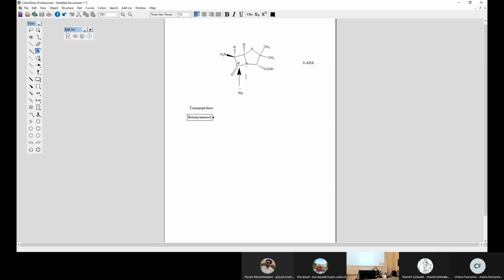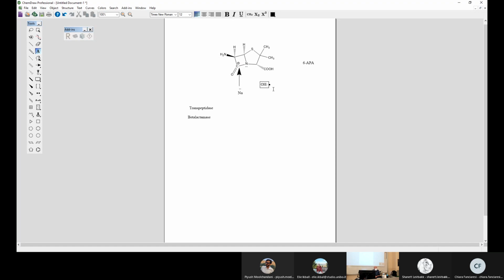There is another important topic about the chemical stability of this compound, 6-aminopenicillinic acid. What happens in basic condition?